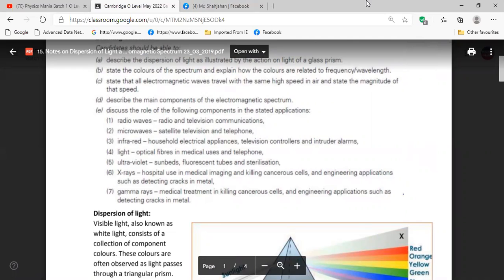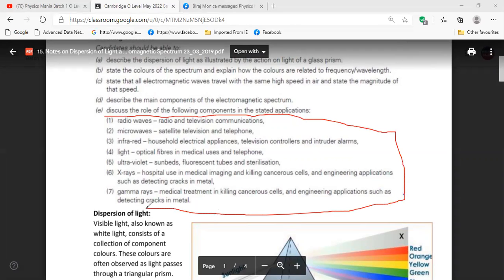You write the heading, uses of electromagnetic waves. Then take the snap of this. Monica, take the snap of this part only and send it to our group.